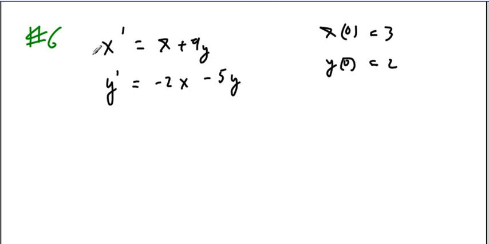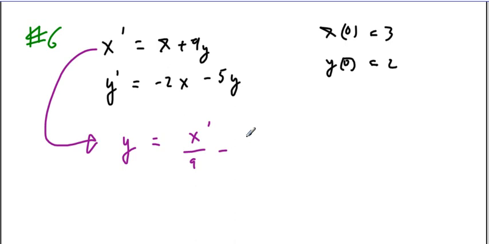I'm going to go and say that, I'll rearrange it and say y is equal to x prime over 9 minus x over 9.